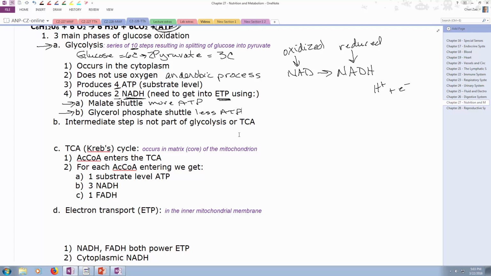In this intermediate step, we will take our two pyruvates and we will turn them into two acetyl coenzyme A's, and that's how we abbreviate it, acetyl CoAs. The important thing is pyruvates, remember, are 3 carbons each. Well, acetyl CoAs, we've changed that into a 2-carbon chunk.